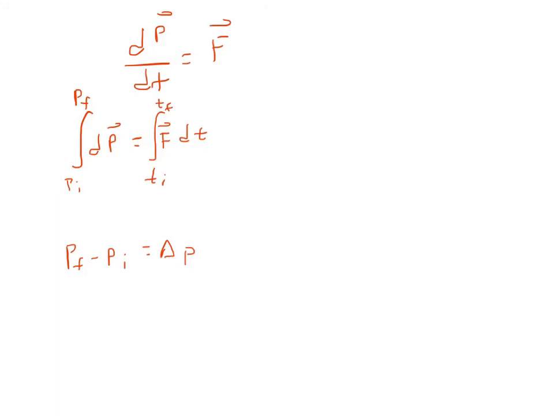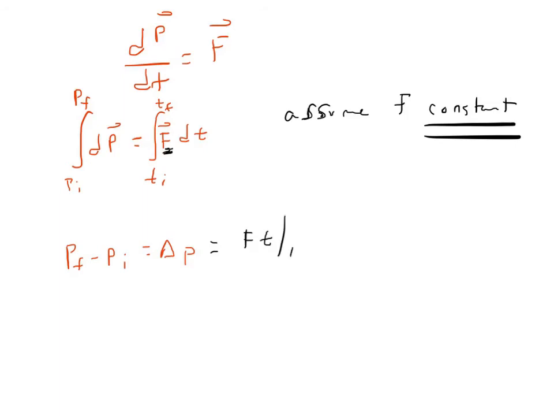On the right-hand side, we're going to have to make a little bit of an assumption here for right now. Let's just assume, and we don't always need to do this, but for right now, let's just assume F is a constant. So, therefore, on the right-hand side we would get F t from t initial to t final.